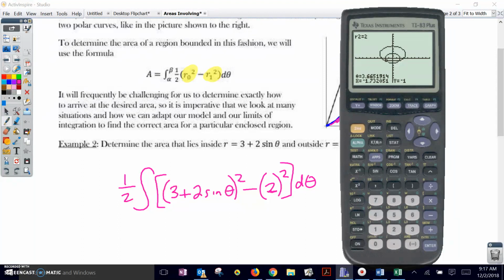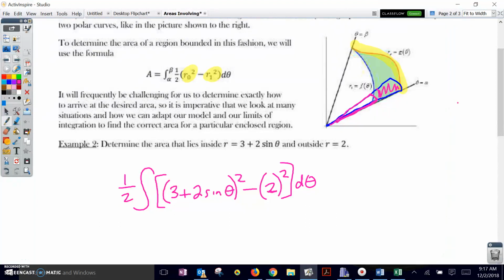If you don't recognize that, it's 1.16 repeating, which is 7/6 pi. 7 pi over 6.